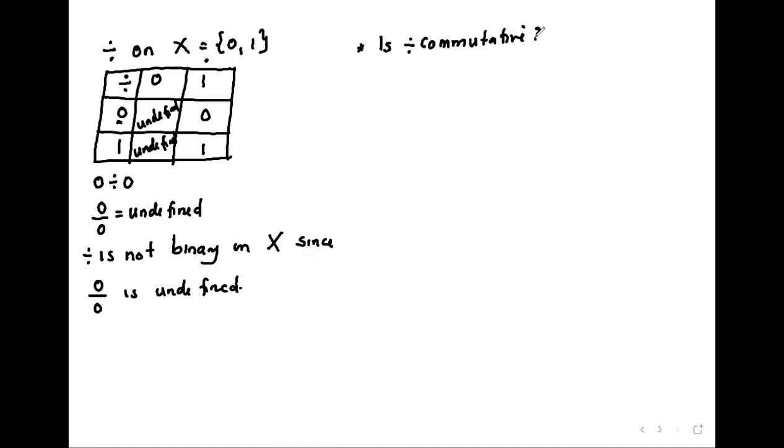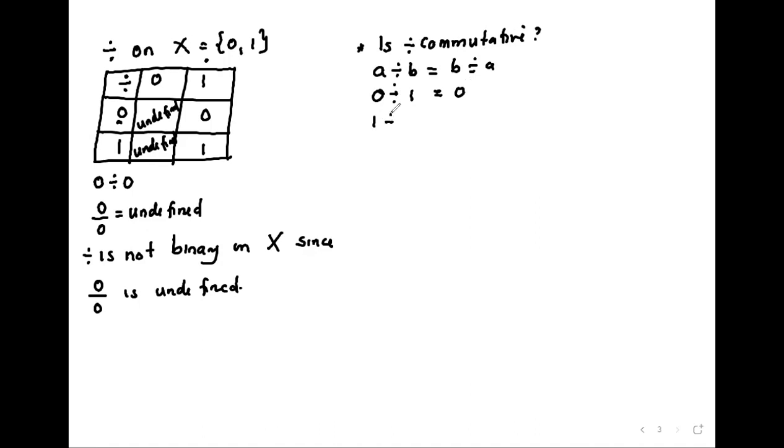Remember, we want to check if A divided by B is equal to B divided by A. So let's pick the numbers we have. 0 divided by 1 is equal to 0.